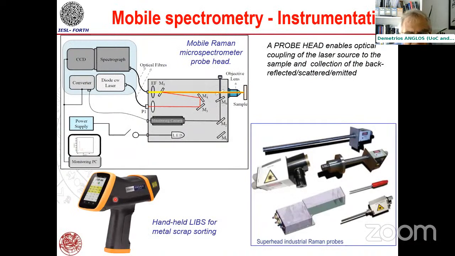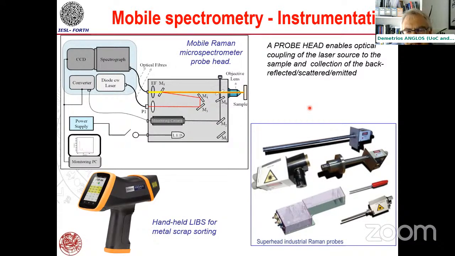We move over now to mobile spectrometry, which we mentioned a while ago, and I wanted to just concentrate for a while on the instrumentation concept. So in all mobile systems, basically what you have is what we call a probe head, and this is a unit with optics and perhaps laser detectors whose task is to couple optically the excitation light to the sample and couple the backscatter light into the detection system.